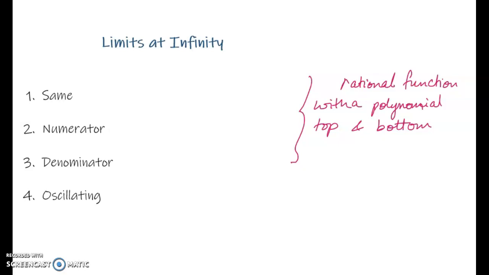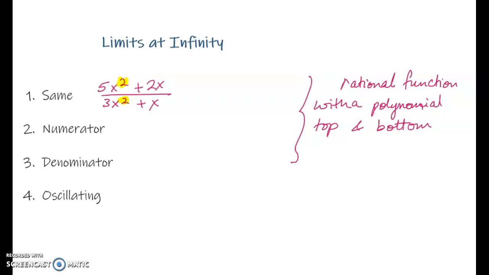The three possible cases are: same power in numerator and denominator, numerator greater, or denominator greater. What does same mean? It means the polynomials have the same power in the numerator and denominator. For example, take 5x squared plus 2x over 3x squared plus x. You can see the power here is 2 and we have 2 here.